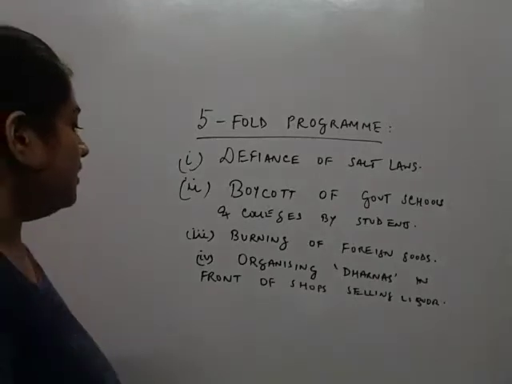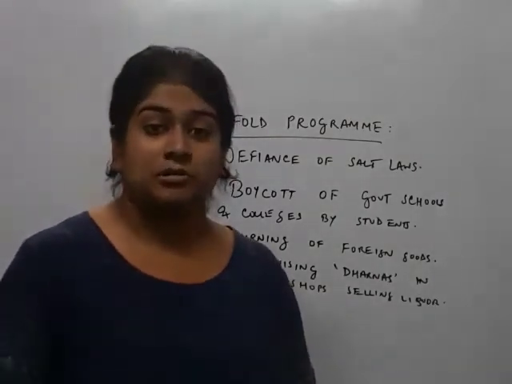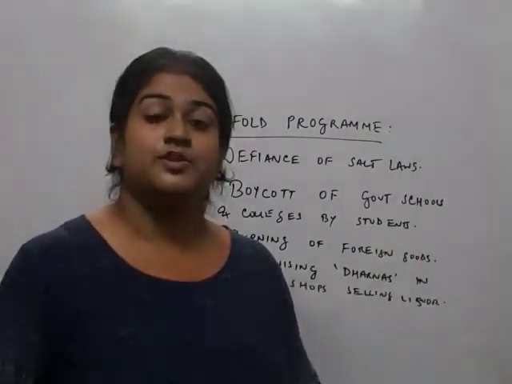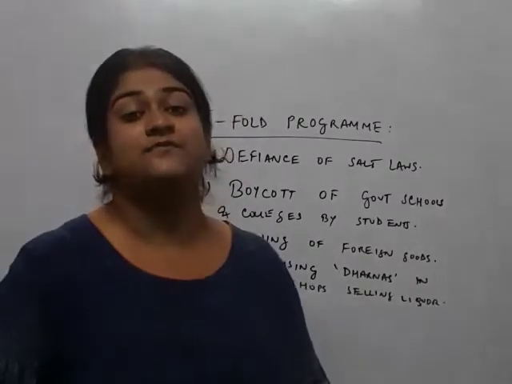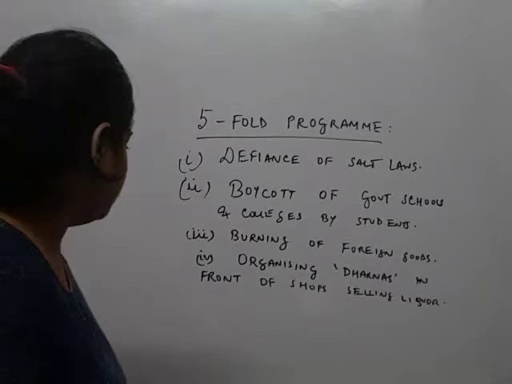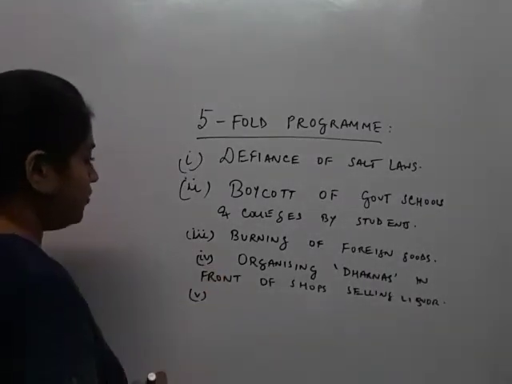The shops selling liquor were picketed, and the women and children used to go and give dharnas in front of those shops that were actively selling liquor. This was the fourth program.